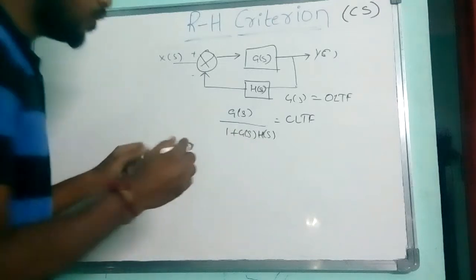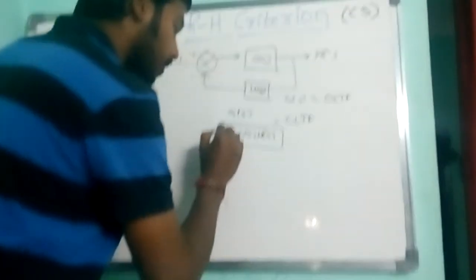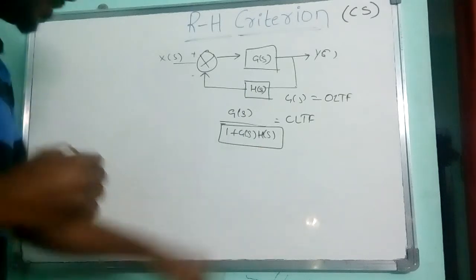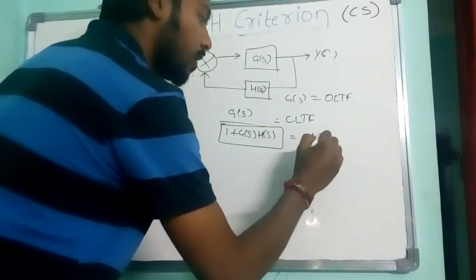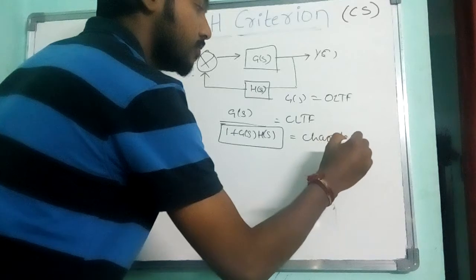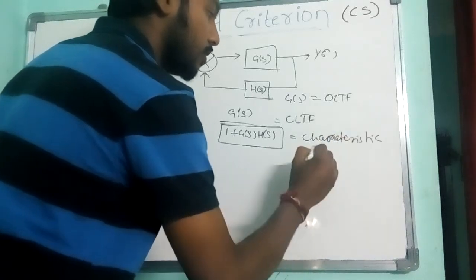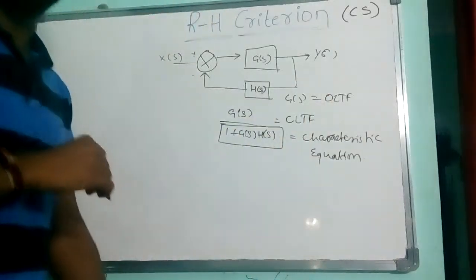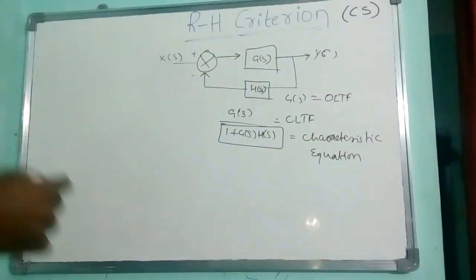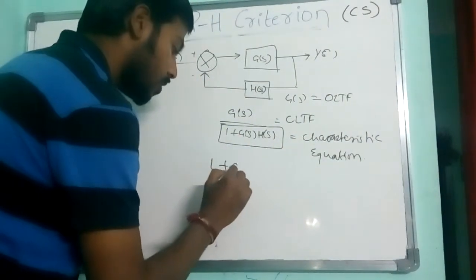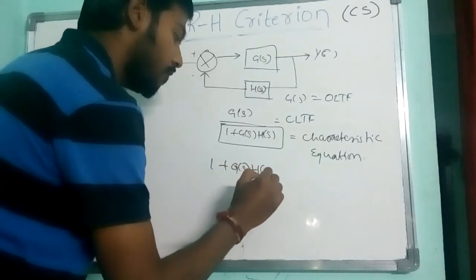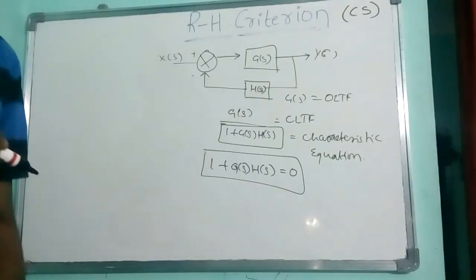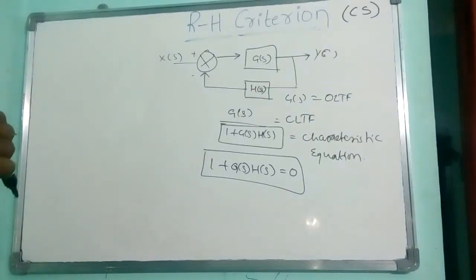So what I do is consider this part, 1 plus G(s) into H(s). This is called the characteristic equation: 1 plus G(s) H(s) equal to 0.